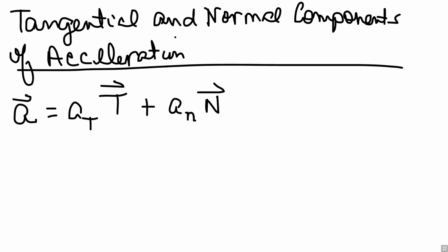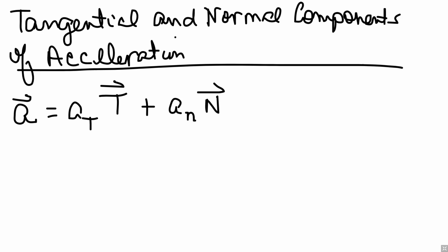Basically, you can write the acceleration vector as a linear combination of the unit tangent and unit normal.